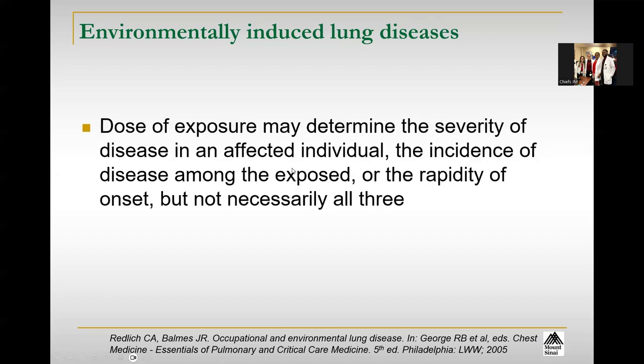And an important thing is that although we try to obtain some idea of what the exposure dose was, that exposure dose may determine the severity of the disease in an individual patient, the incidence of disease among several individuals that were exposed, or the rapidity of the onset, but not necessarily all three. So you shouldn't expect that all three are going to be determined, but you still need to get some sense of what the intensity of the exposure was, even if it is just non-quantitatively.